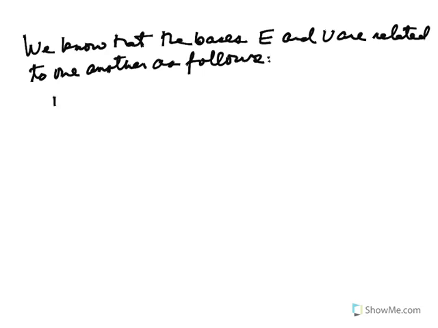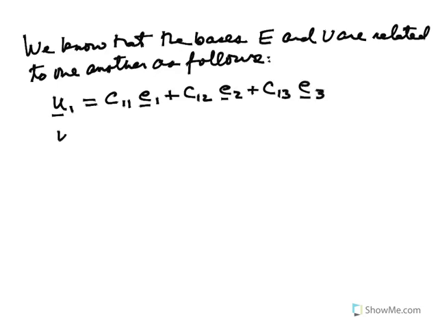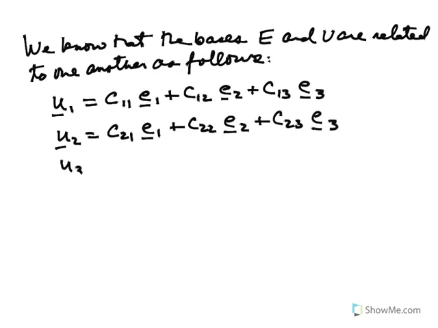We can say that U1 is equal to C11 E1 plus C12 E2 plus C13 E3. U2 is equal to C21 E1 plus C22 E2 plus C23 E3. And U3 is equal to C31 E1 plus C32 E2 plus C33 E3.